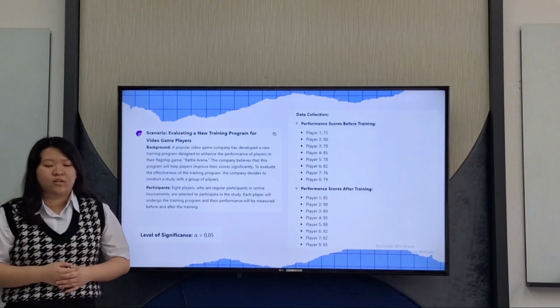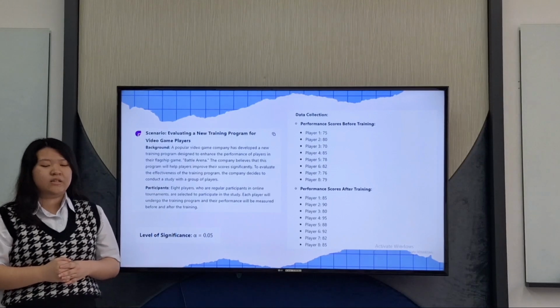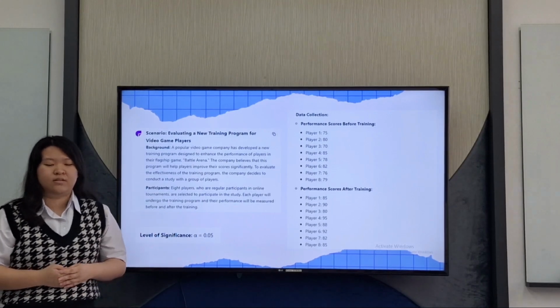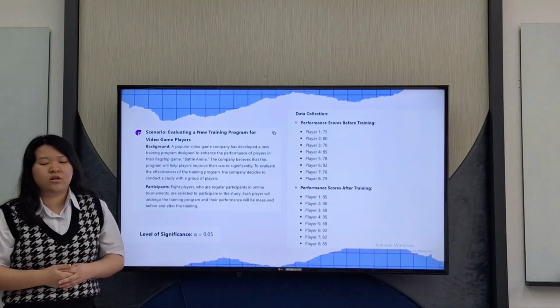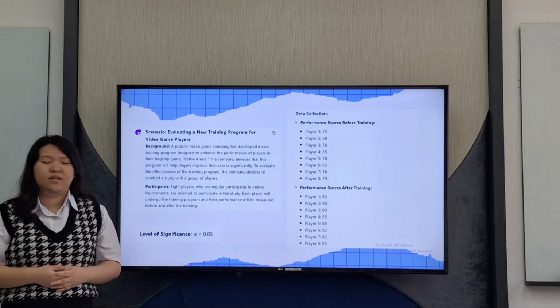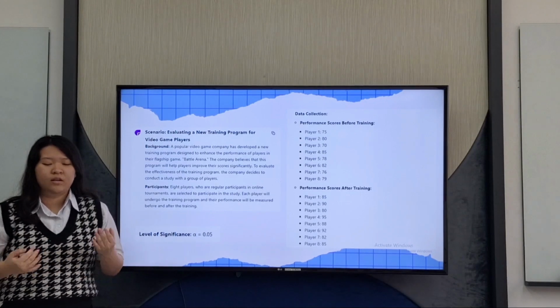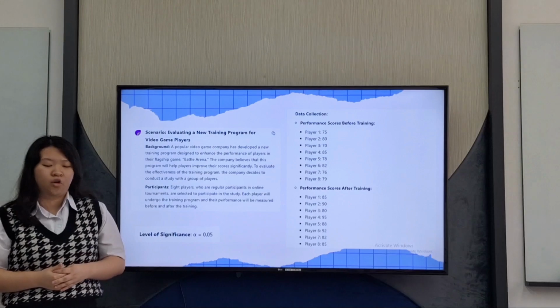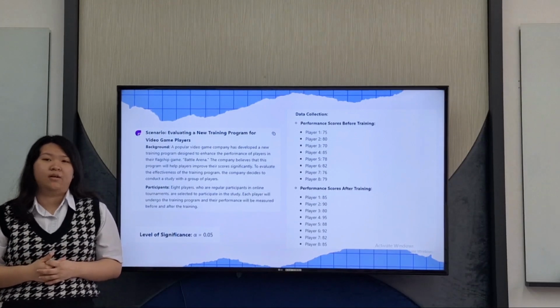To evaluate the effectiveness of the training program, the company decides to conduct a study with a group of players. And the participants are 8 players who are regular participants in online tournaments and are selected to participate in the study. Each player will undergo the training program, and the performance will be measured before and after the training.